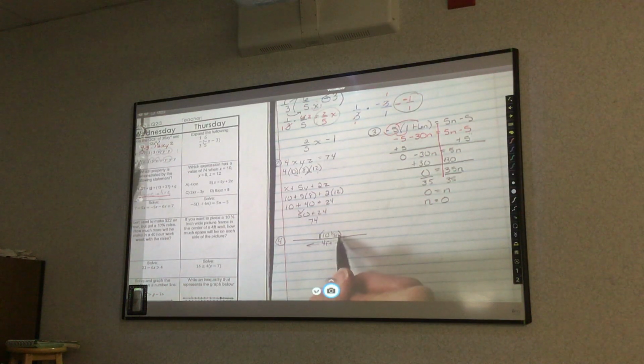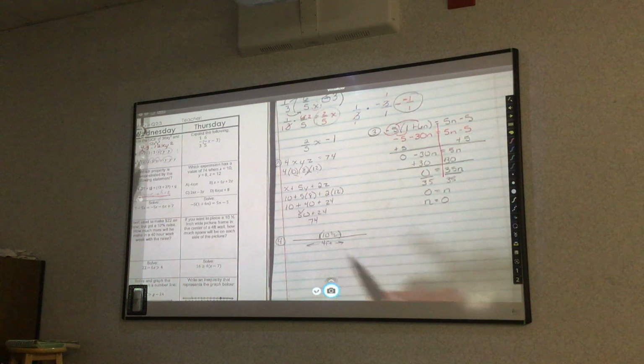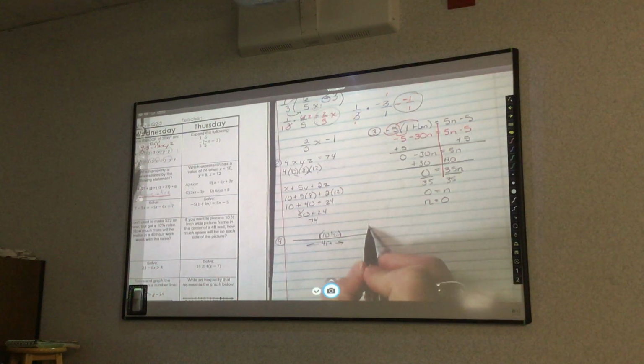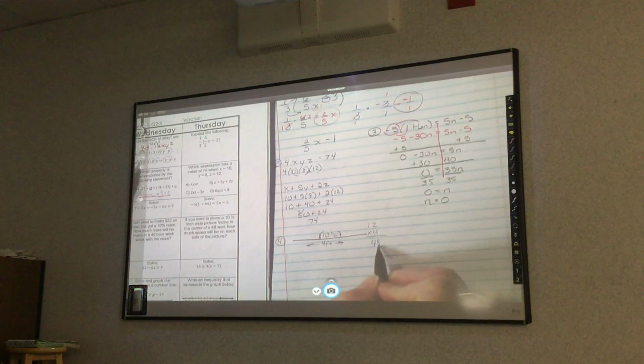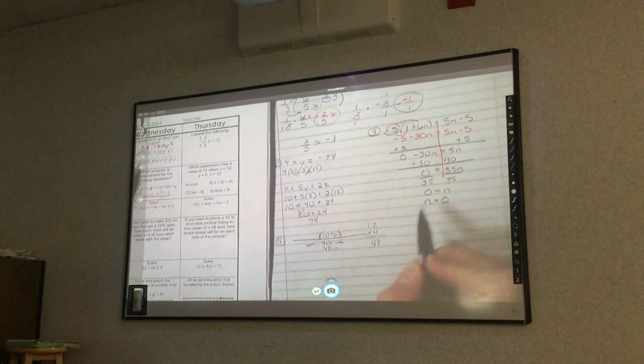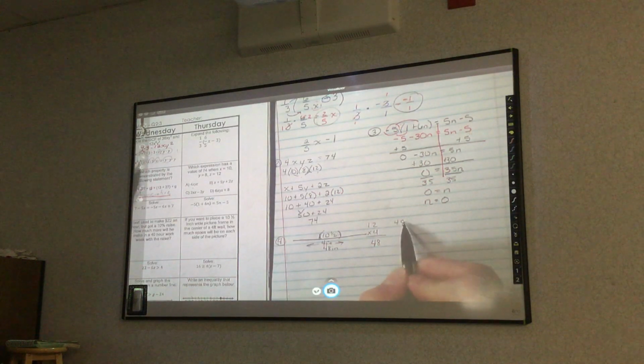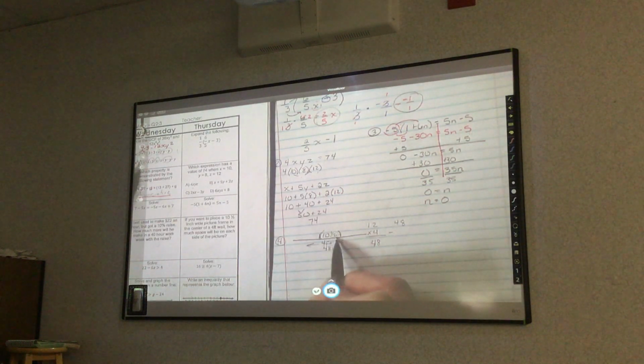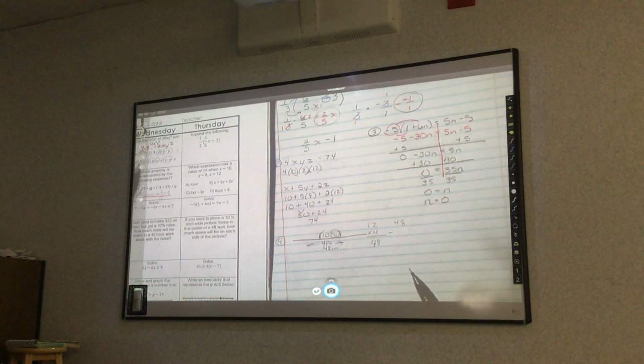But that's inches and this is feet. So what do I need to change first? Feet to inches. So I take 12 times 4 is 48. So now I know I have a 48 inch wall. And then I take the 48 inches and I subtract, I would make this into a decimal. 10 and a half.